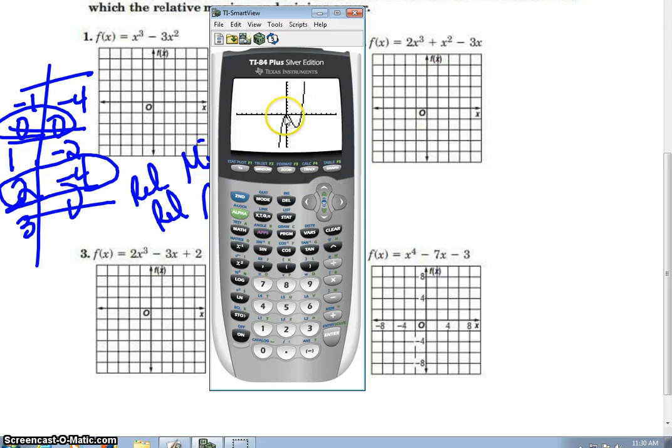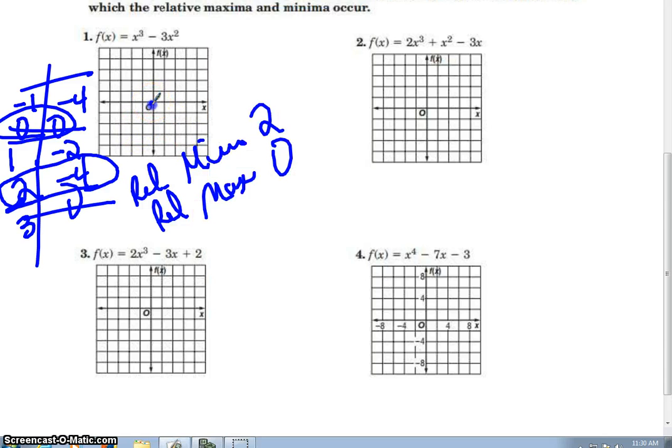Okay, we have one relative max, one relative min, that's it. We've listed them. So we are ready to plot our points. We have 0, 0. We have 2, negative 4. We have 3, 0. Okay. What else do we have? Negative 1, negative 4. So we're going to go up, we're going to go down, and then we're going to go up.